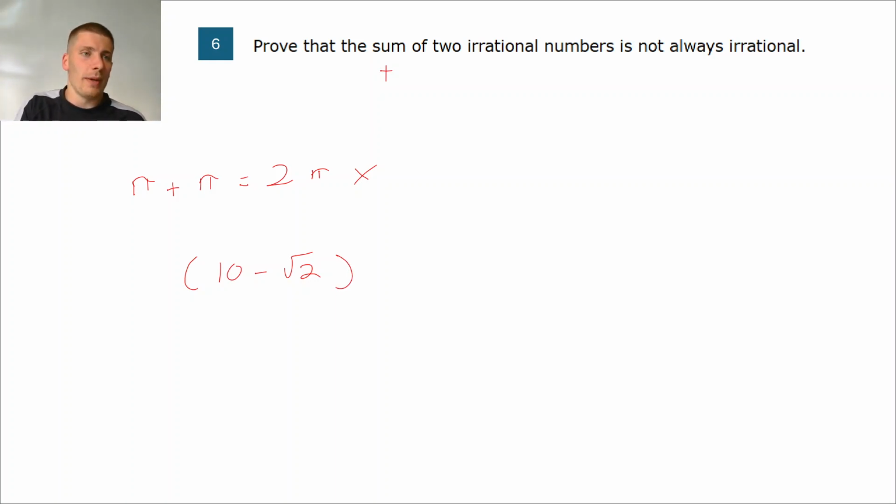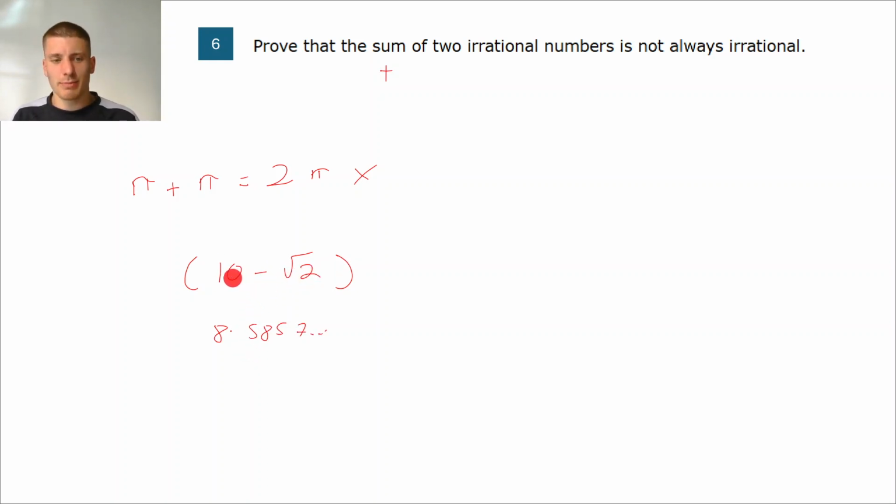Let's just keep it as that for the time being. Even though I've written it as 2 numbers, 10 take away root 2, if you put it on your calculator you'll see that you do get an irrational number, 8.5857. The point is, this number here is irrational.